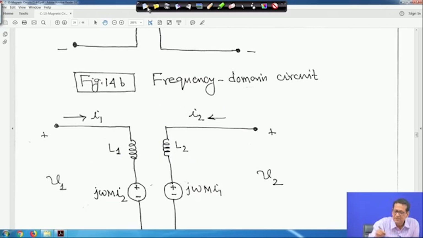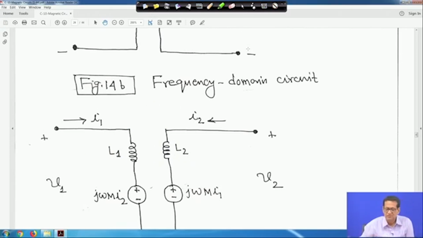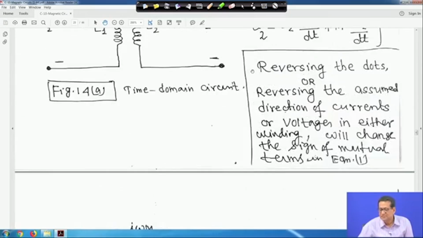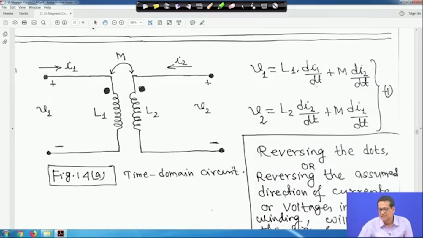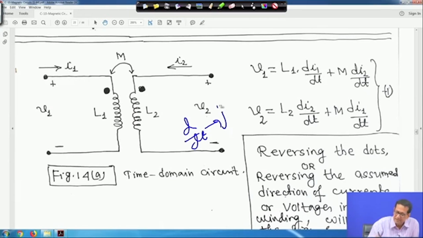So just let me clear it. In this equation also you will get the same thing. Just remember at this stage, you replace d/dt by j omega. If you replace d/dt by j omega, then this will become j omega L1 I1 plus j omega M I2, right.